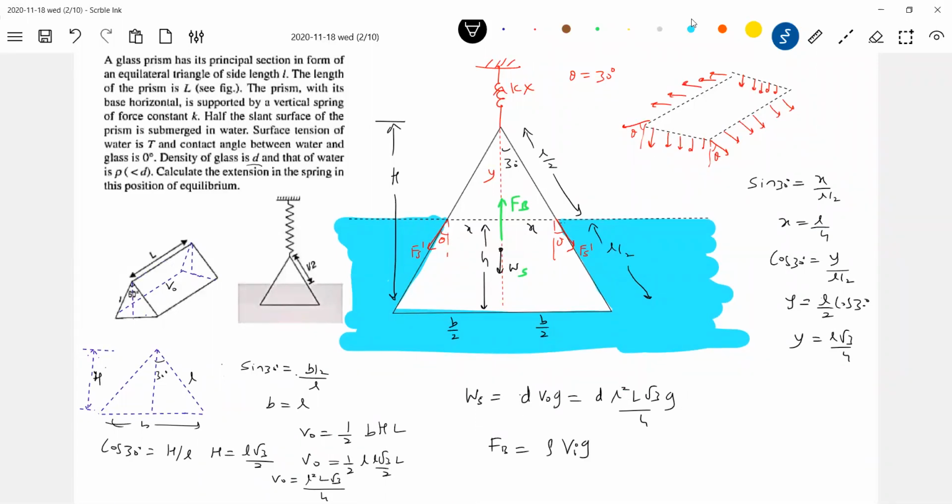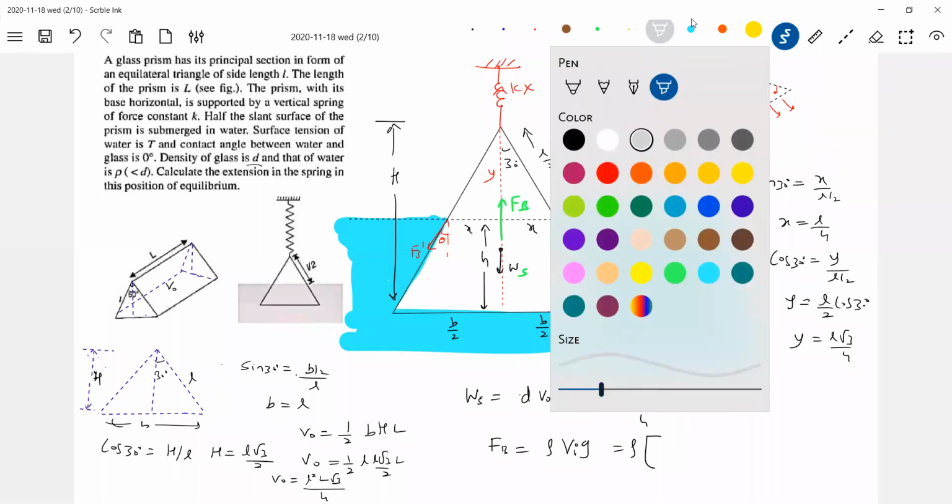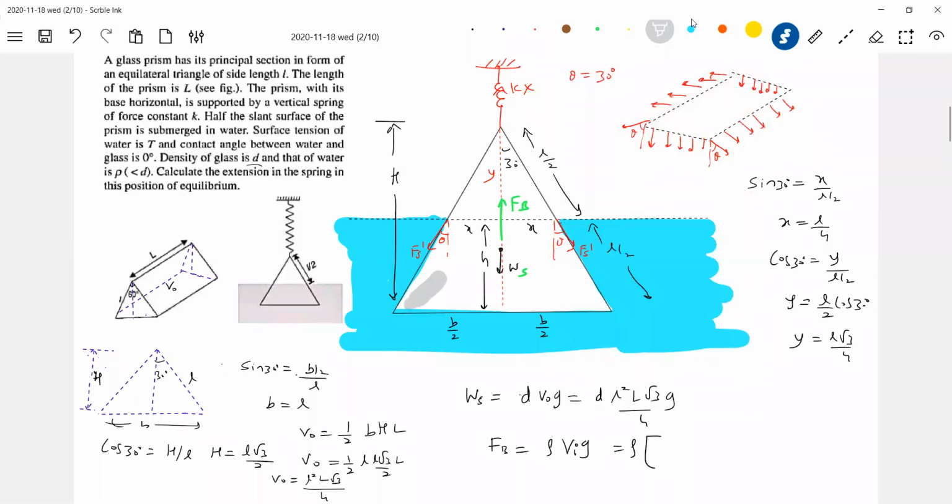What is the volume immersed? Volume of bigger prism minus volume of smaller prism. Because I think you are able to see there's a volume immersed. This much is what is immersed, no? The gray color, are you seeing the gray color? This is the volume immersed, no?